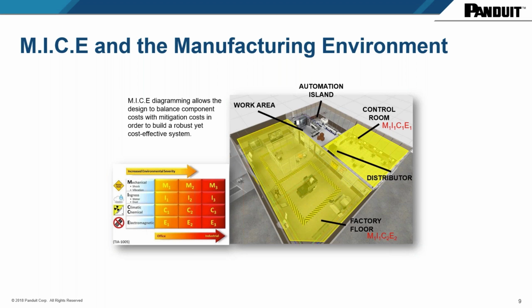When you start looking at the rest of the work areas, you will recognize that in some instances you have a similar environment to the control room. And where do you find that? You find it as you look at the entire manufacturing space. There are places within the manufacturing space, say at the ceiling level, where you're running generally all of the main communication. This is a space that is not seeing a lot of environmental conditions.